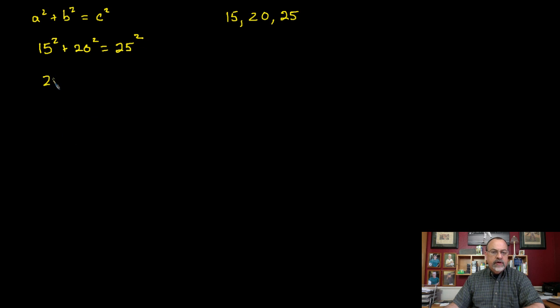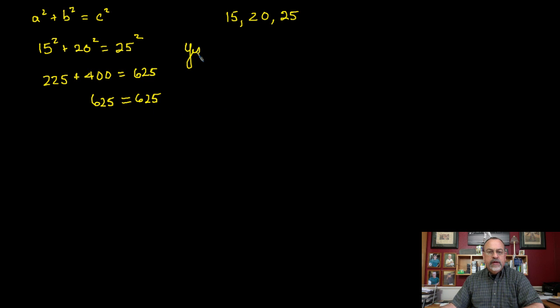Well, 15 squared is 225. 20 squared is 400. Does that equal 25 squared, which is 625? So these added together is 625, and that does indeed equal 625.